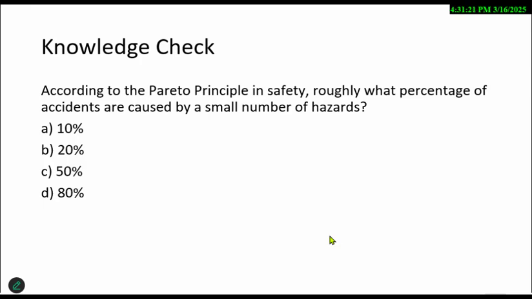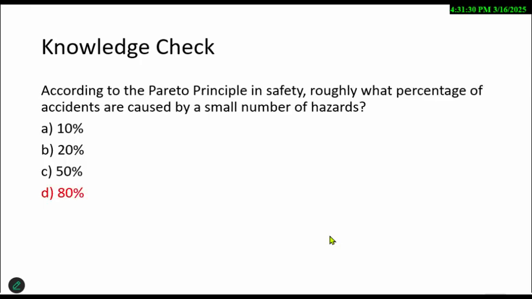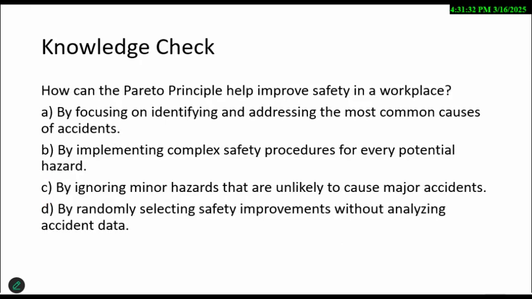According to the Pareto principle, what percentage of accidents are caused by a small number of hazards? 80%. How can the Pareto principle help improve safety? A, by focusing on identifying and addressing the most common causes of accidents. B, by implementing complex safety procedures for every potential hazard.